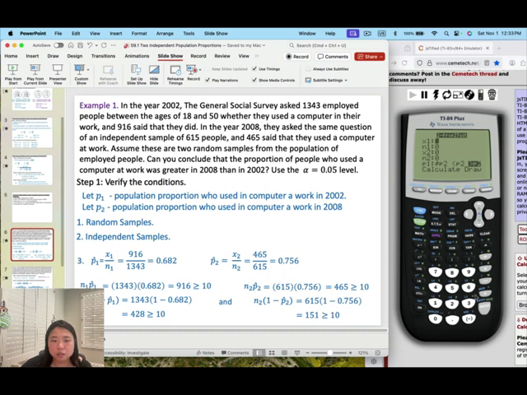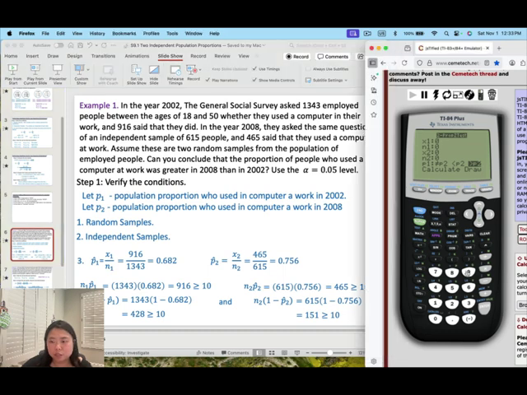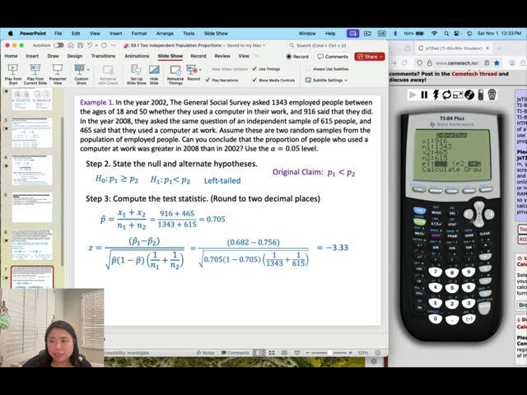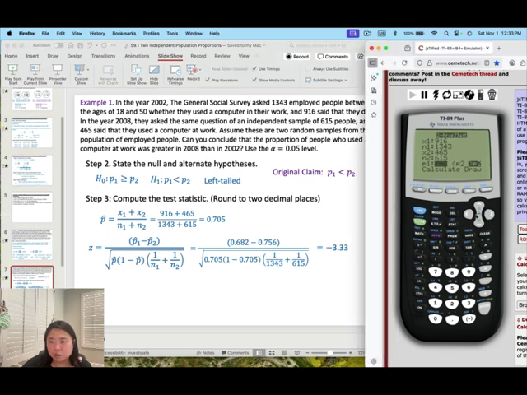So x1 will be 916, and n1, x2, and n2. And then we have less than. Less than means left tail, and then go to calculate.